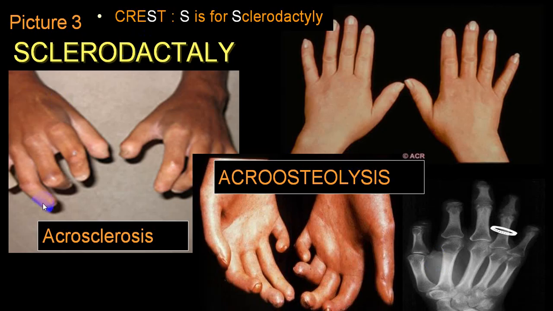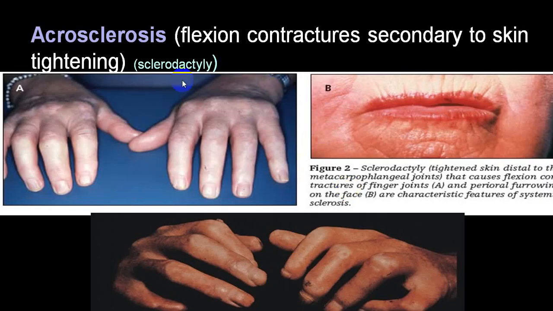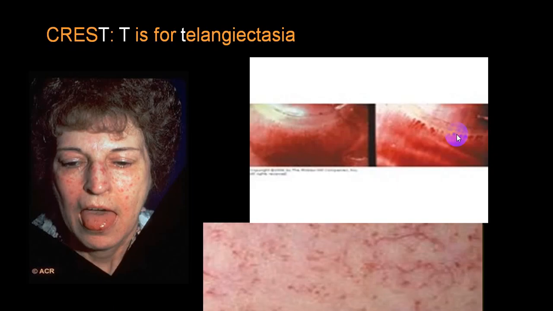S for sclerodactyly, and you will have acro-osteolysis, very typical. Flexion will be affected, contractures; you will even have involvement of the oral skin, particularly the lips, giving rise to typical difficulty in opening.